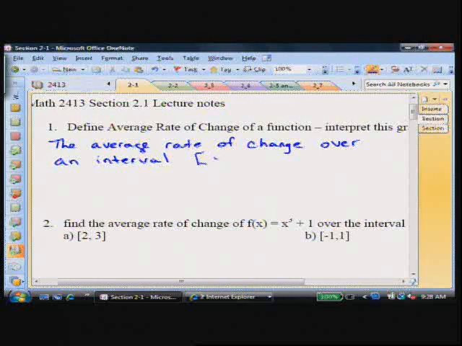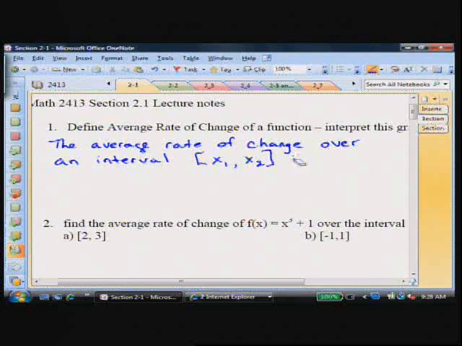So our interval will be from x sub 1 to x sub 2. So 2 to 3, 7 to 9, just over some interval, -4 to 6, is, all right, guess what? The average rate of change is just the slope over a particular interval.